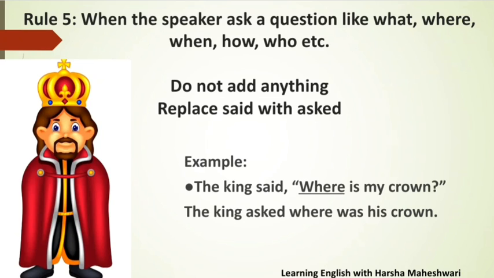So you have to replace said with asked and don't put that in between. Change is into past, so it will become was, and change his in place of my, because it's for a third person.